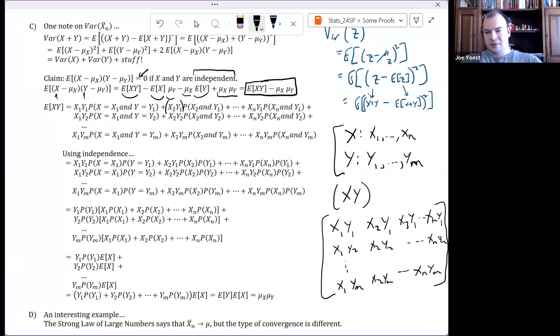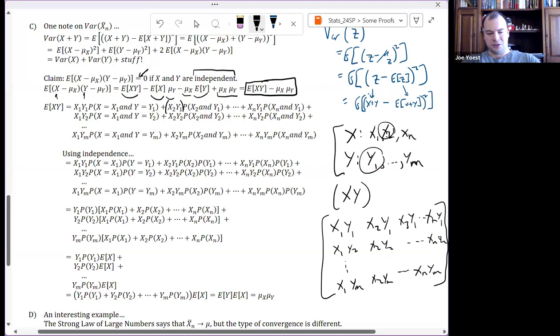Same with a different outcome for the product, that could be x2 times y1. And that happens with probability x equals x2 and y equals y1, that I've picked x2 out of this list and y1 out of that list. There's some probability of those happening, sometimes referred to as the joint probability.